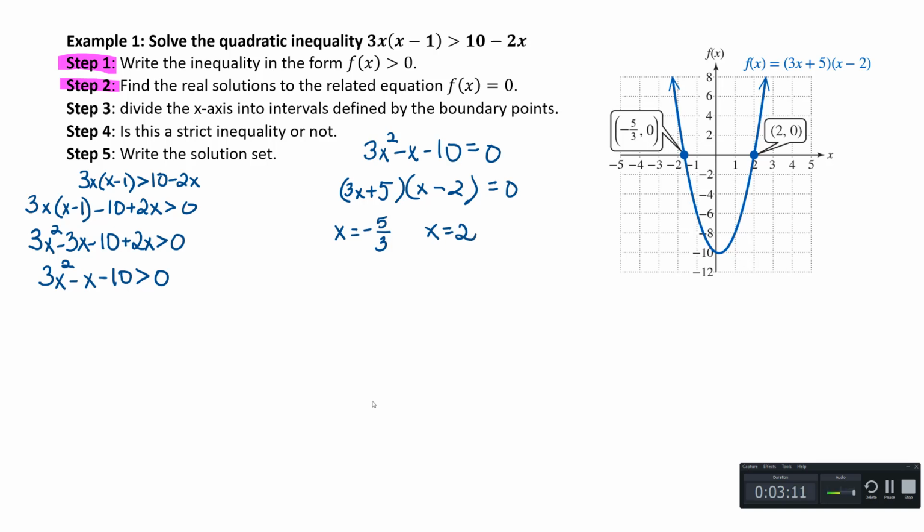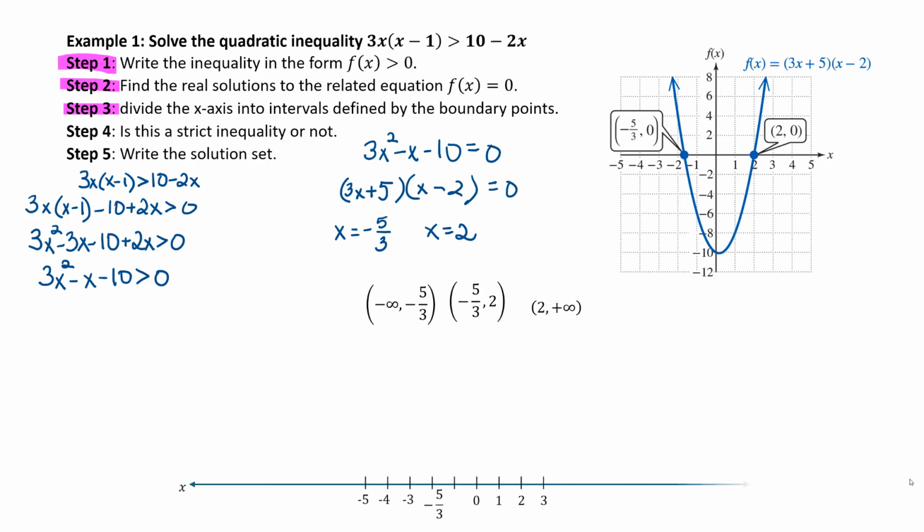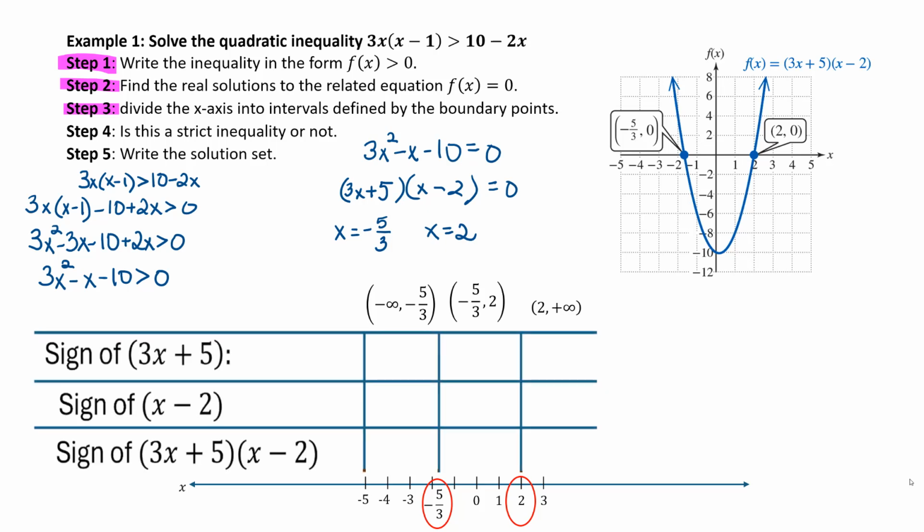We're going to break up the x-axis into intervals defined by those boundary points: negative infinity up to negative 5/3, then negative 5/3 to 2, and then 2 to positive infinity. We'll mark those two zeros on the x-axis and make a chart where we look at what's happening to each factor on those intervals.